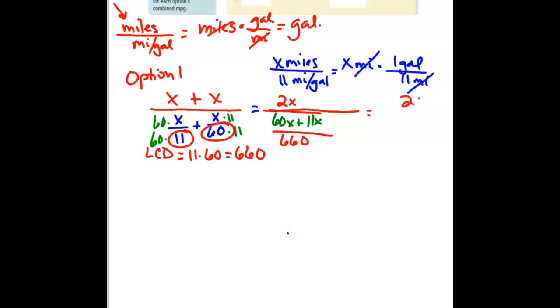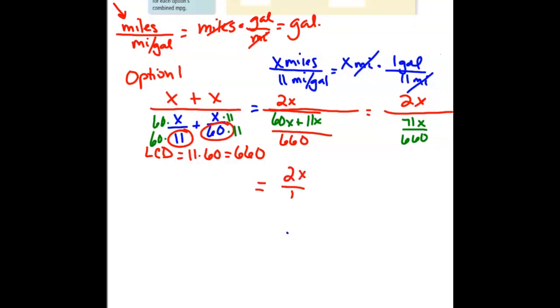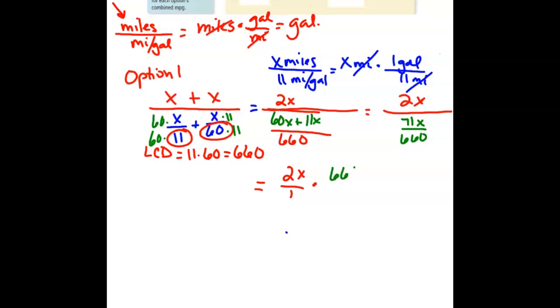All right, so we have 2x divided by 60x plus 11x, which would be 71x over 660. So we're going to multiply by the reciprocal. I'm going to think of 2x as 2x over 1, as a fraction. My reciprocal of the green part here would be 660 divided by 71x.